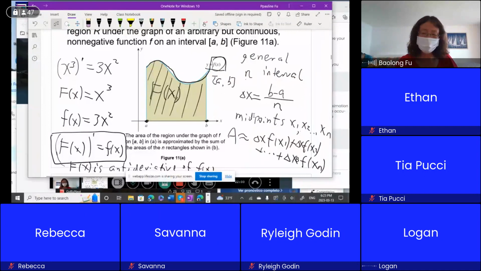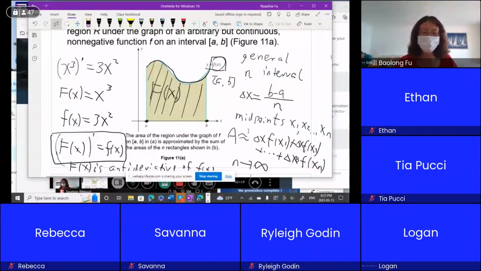And how do you find the exact area, as one student observed? If this n goes to infinity, this n becomes bigger and bigger, the area gets closer to the exact area.